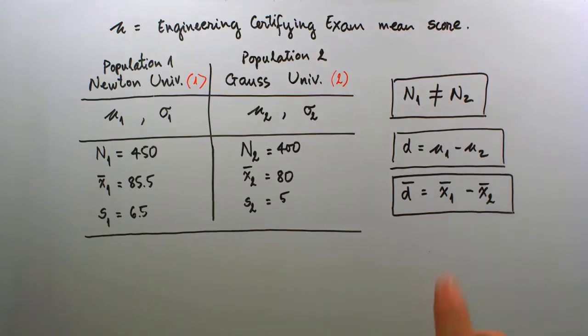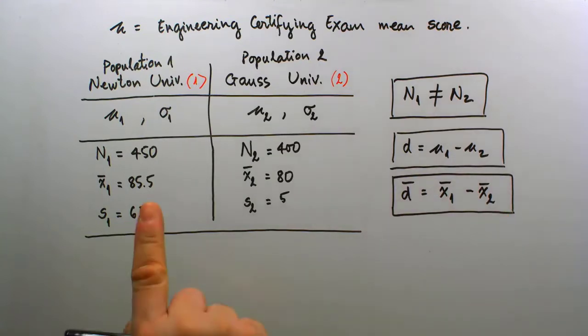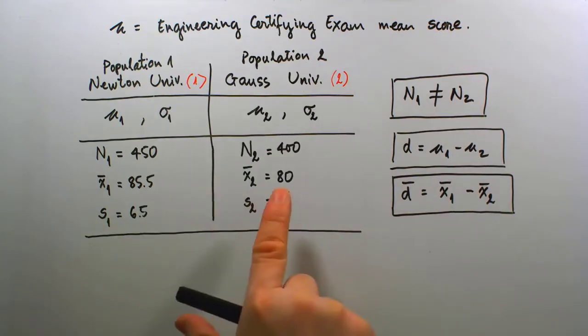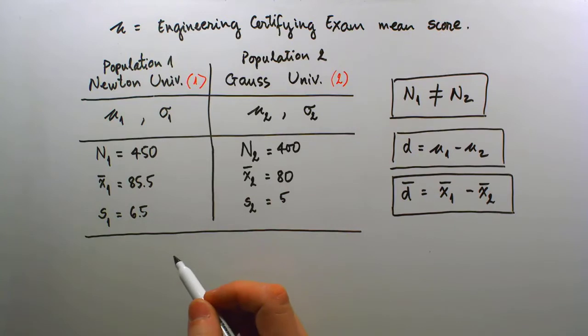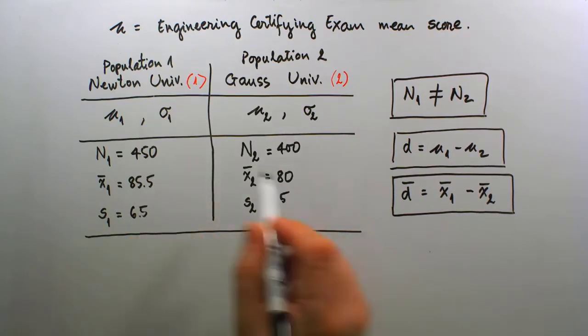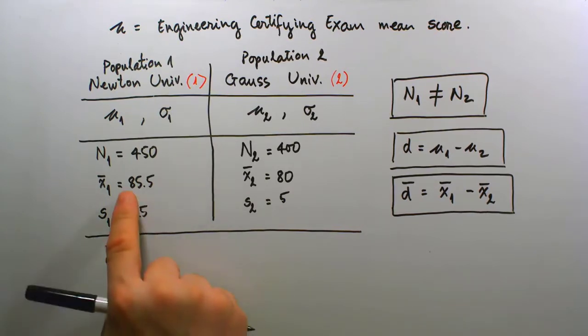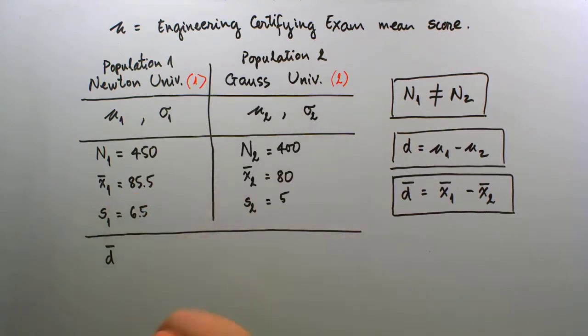And so immediately after looking back at this definition, then right here from our 2 samples, before I even get into reading the actual question of our problem, this is what we know about our 2 samples together. The 2 independent sample means we've had produced for us a D bar value being, in this case, 85.5. This is a sample mean value from population 1.